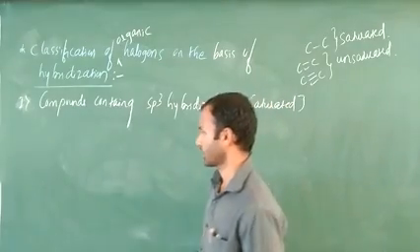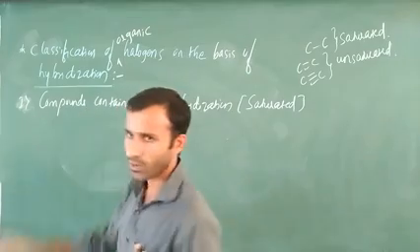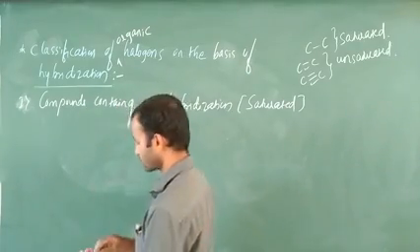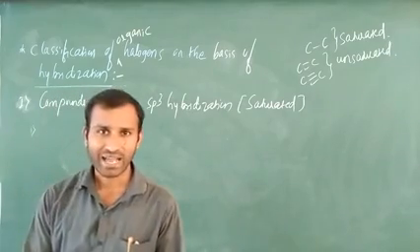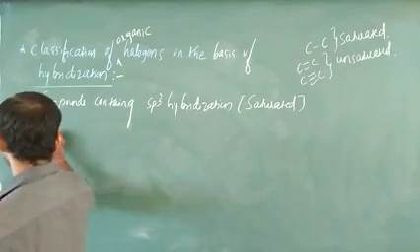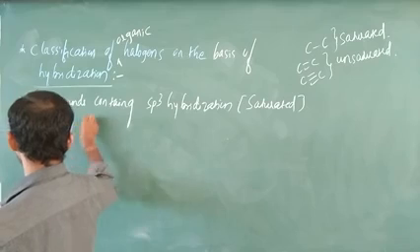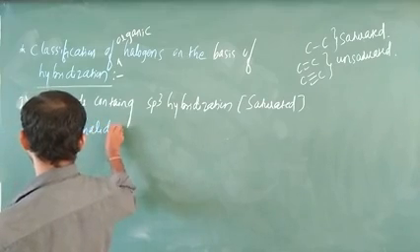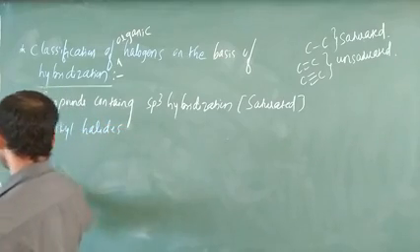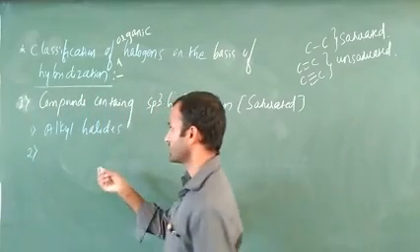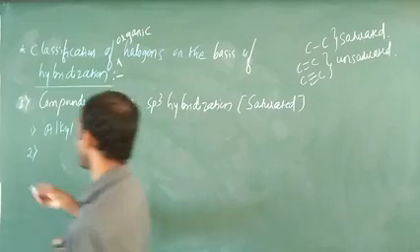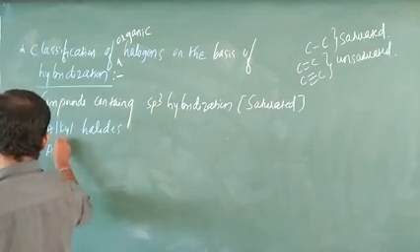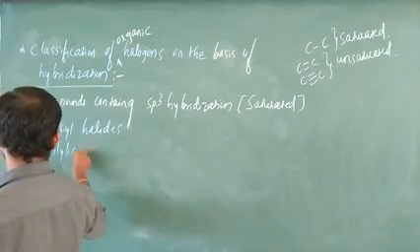Okay, that is important. In this case, this first one is divided into three types. The first one is alkyl halides. Second one is allylic halides.